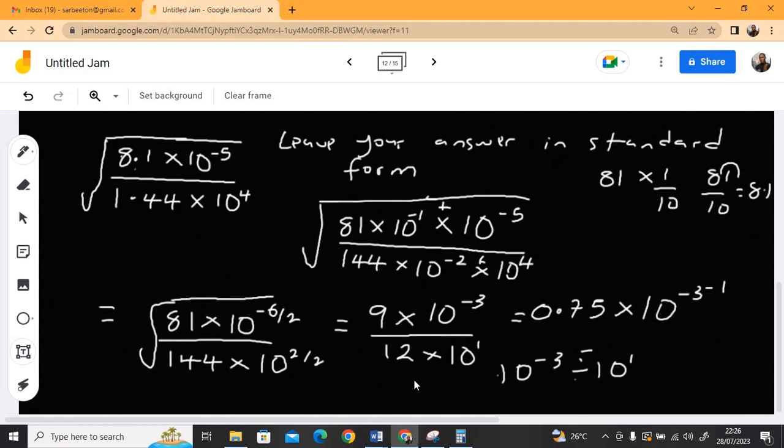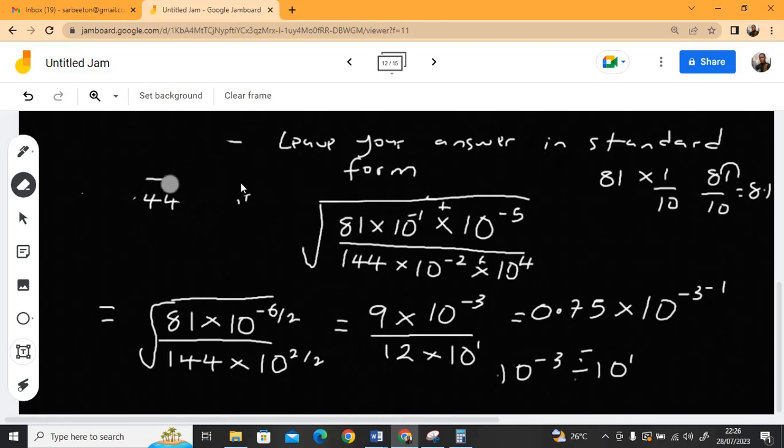Let me clean this space to write the meaning. So here now, what you have is 0.75 times 10 raised to the power minus 4.